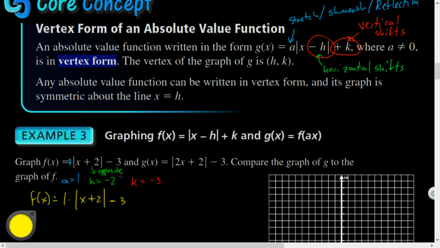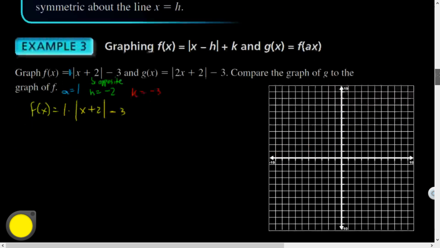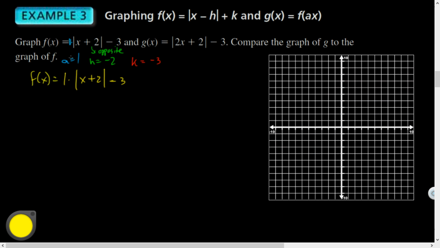So for this equation, I figured out a, I figured out h, and I figured out k. I'm going to start at h comma k. So step 1, plot h comma k. That's going to be negative 2, negative 3. So from the origin, left 2 and down 3.